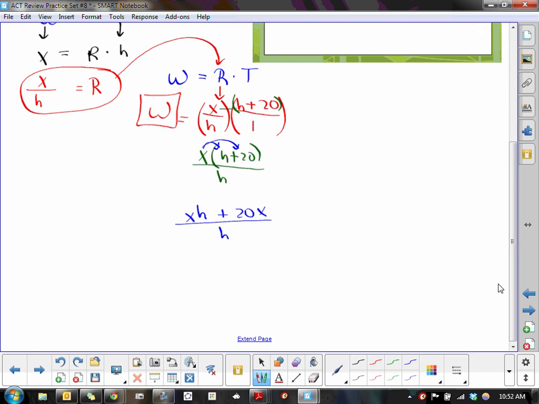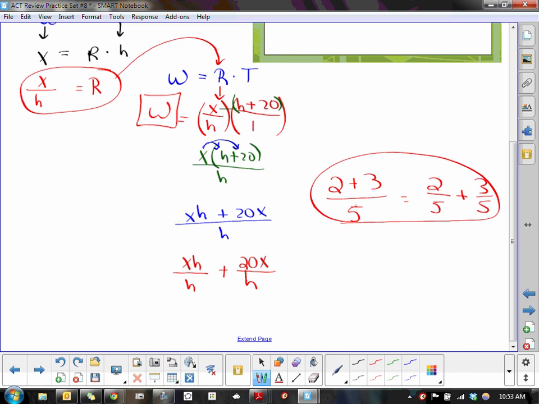Another thing we can do is the concept, and I'll give you an easier example: if you have 2 plus 3, all over 5, you have the option of writing it as 2 over 5 plus 3 over 5, over the common denominator. So I'm going to write it as X times H over H plus 20 times X over H, using that same concept I illustrated over here.